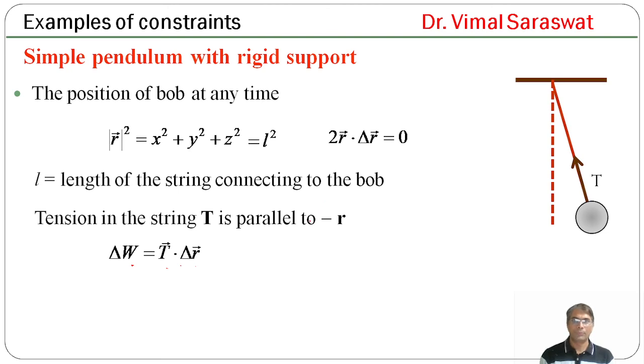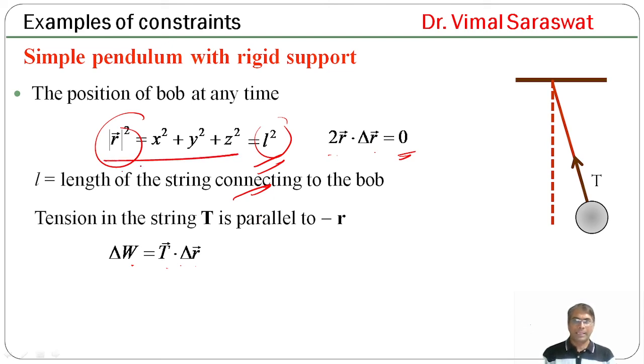Now, if we differentiate this equation, then twice R dot del R equals 0, because L is the length of a string, which does not depend on time, it is constant, and the differential of a constant is 0.